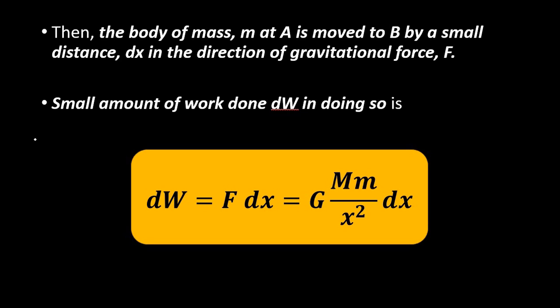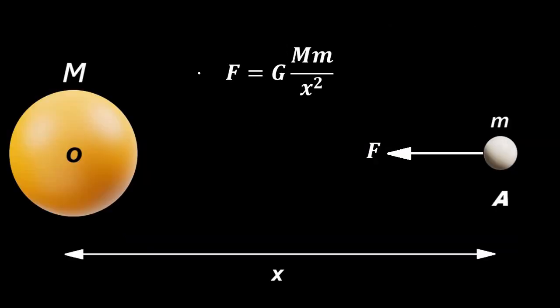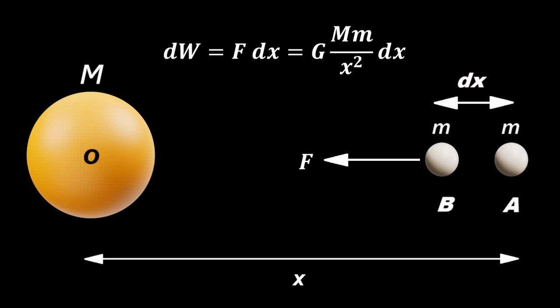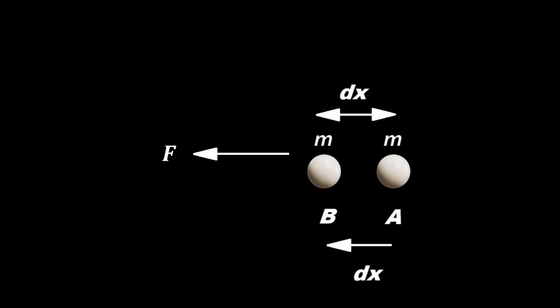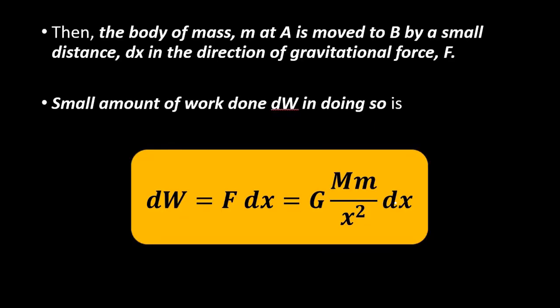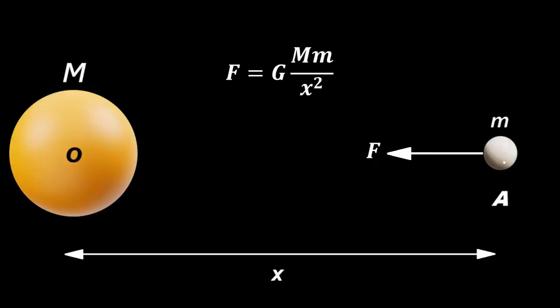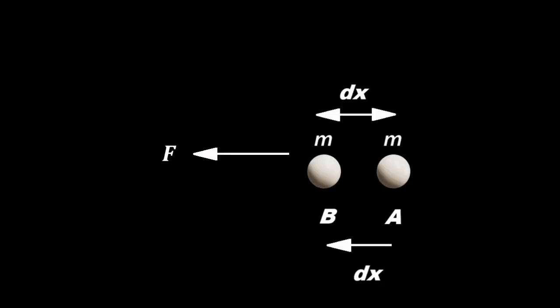F is equal to GMm/x², the mutual gravitational force between these two mass systems. So dW, the small amount of work done in causing a small displacement dx in the direction of gravitational force, is equal to GMm/x² dx. So the position of the body has changed from A to B.